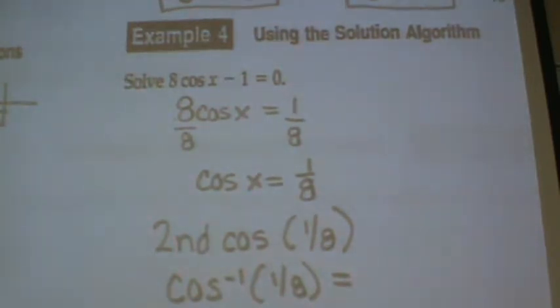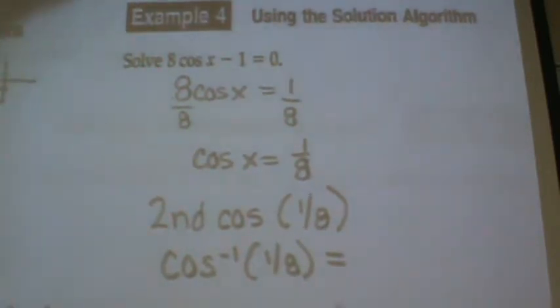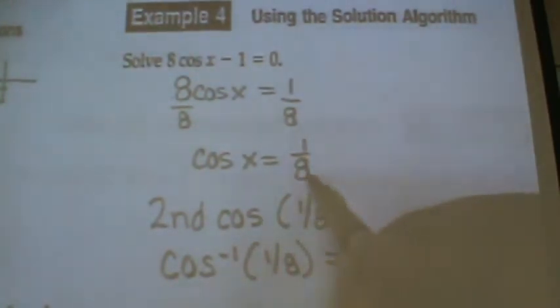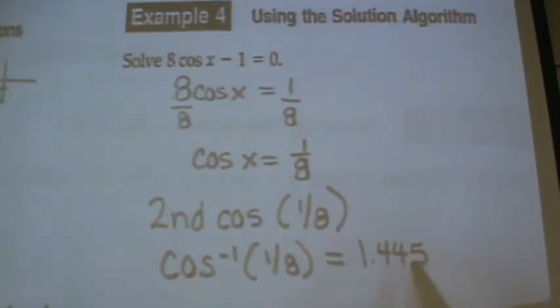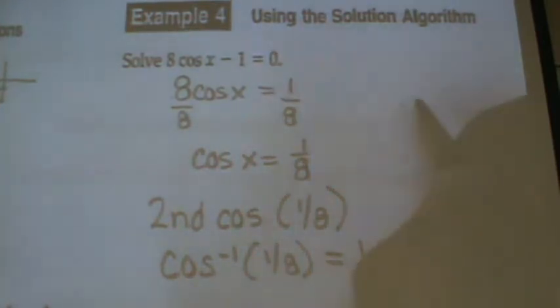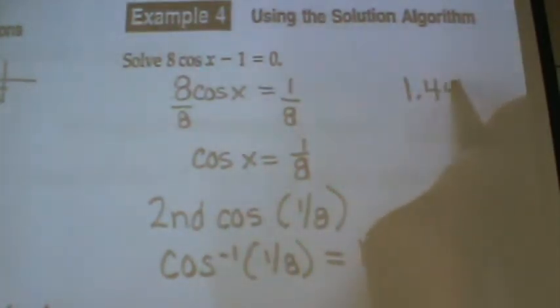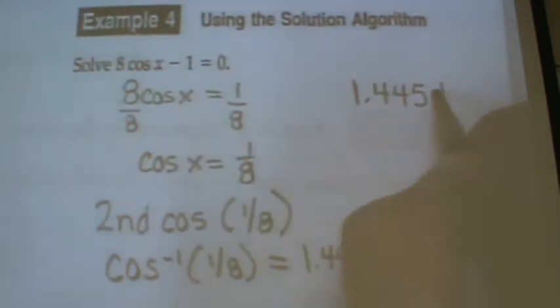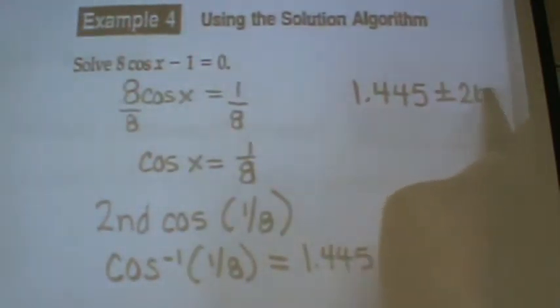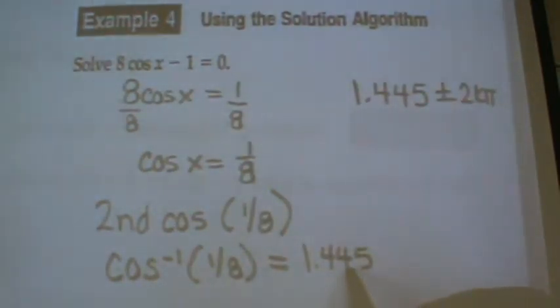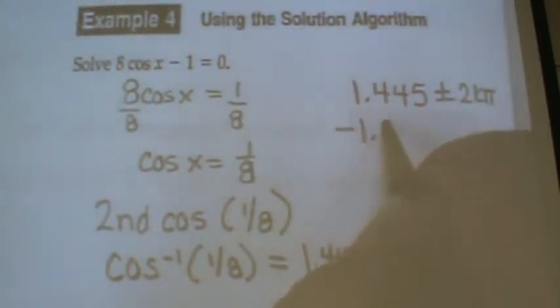What'd you get? 1.445. Yep, 1.445. So, because this is positive, that's one of your answers. What's the other answer? You're either going to do 2 pi minus that, or you could go backwards.